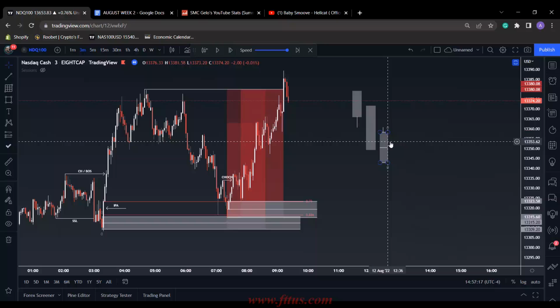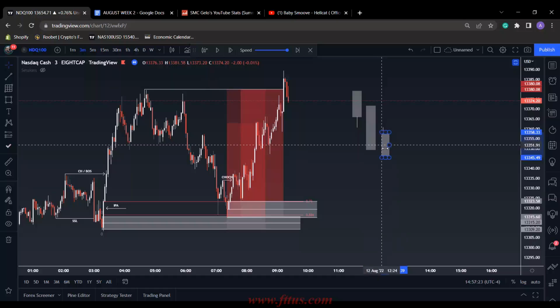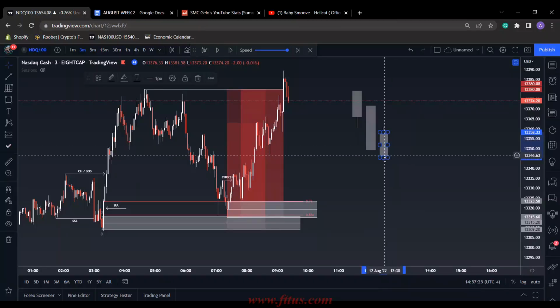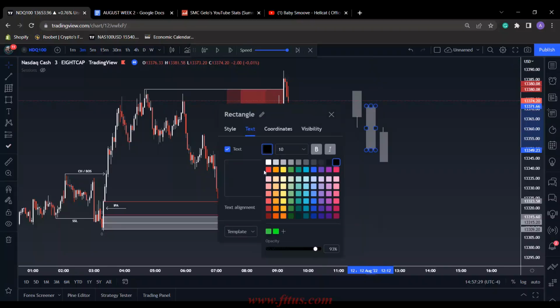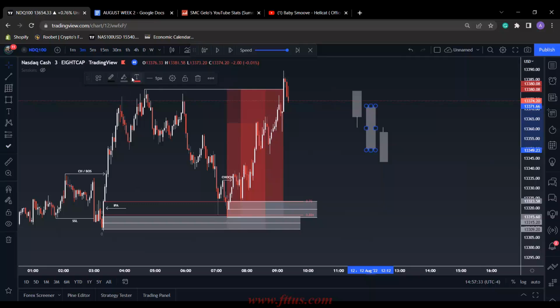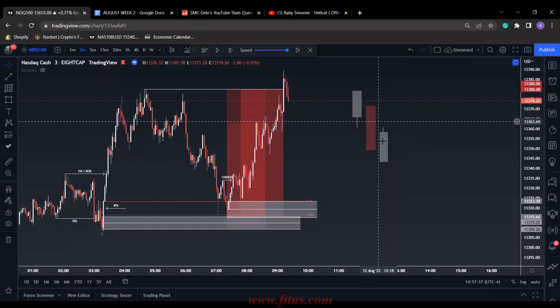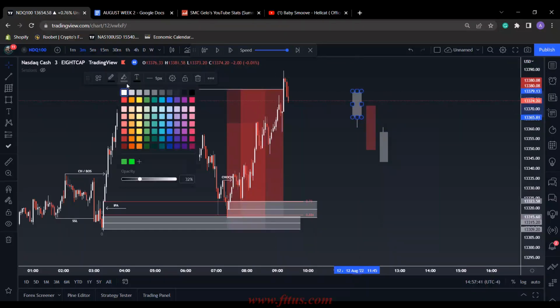Let me delete this because it looks bad. So, boom. Okay. We're going to have this as a down candle. We'll have this as an up candle or something like that. And then this one will also be a down candle.